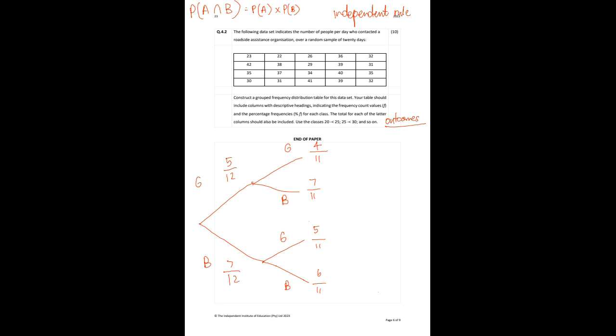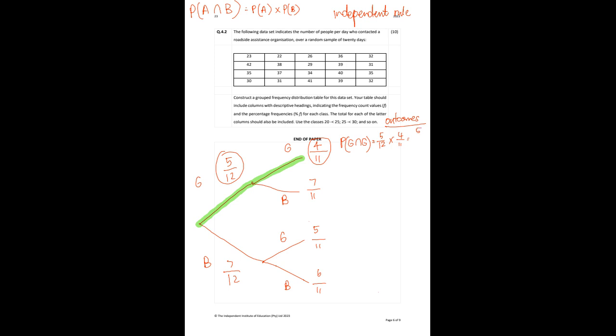You're going to say that the first thing that could have happened was that you would have chosen green and then green again. So you'll say the probability of green and green. And because they asked you to leave it as fractions, you will say that is 5 over 12 times 4 over 11. And that would have given you 5 over 33.